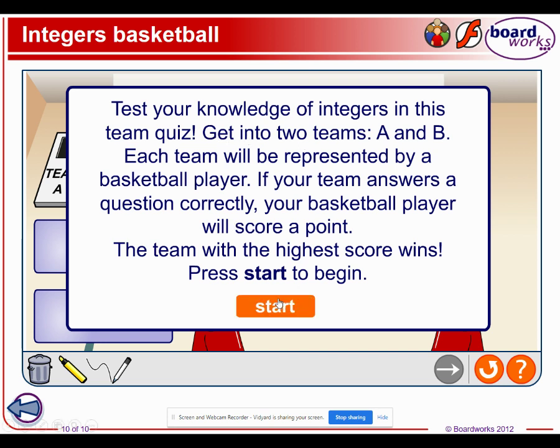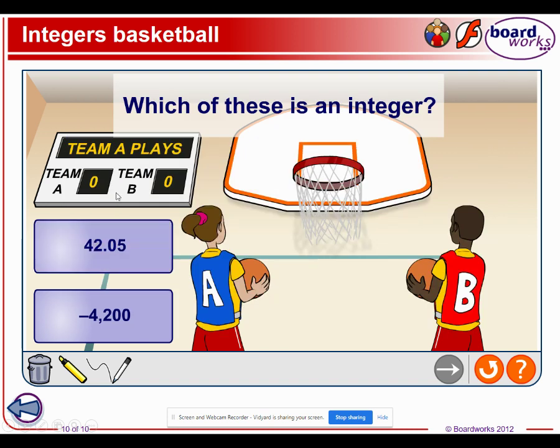Okay, so we're going to do a little quiz. All right, so the question is, which of these is an integer?